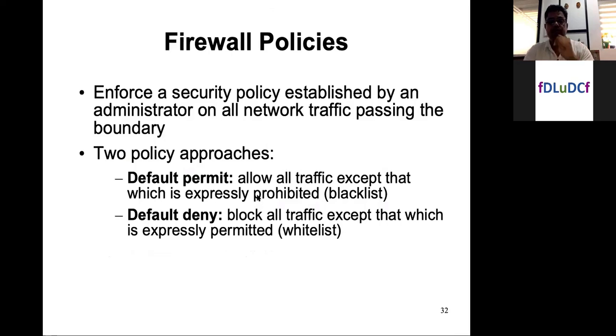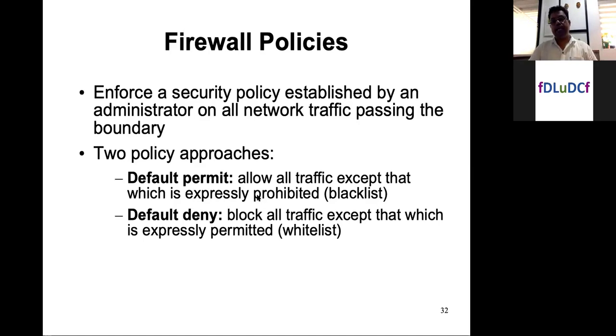In the default permit approach, we allow the entire traffic to go through this appliance, and one by one we study the traffic and put rules in the firewall saying, don't let this server connect, don't let this IP connect, like that. We let everybody connect and disable one by one. That means blacklisting one by one. That is called the default permit policy.